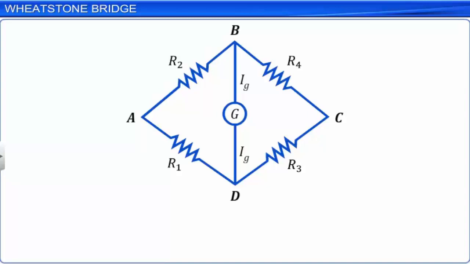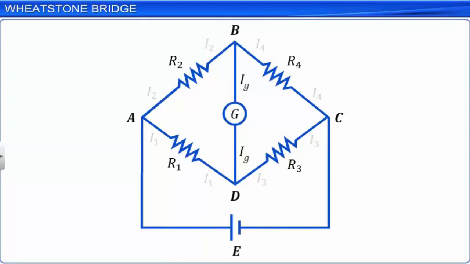Across the horizontal diagonal AC, a cell is connected. I1 to I4 are the currents through the corresponding resistors R1 to R4. IG is the current passing through the galvanometer. Let G be the resistance of the galvanometer.